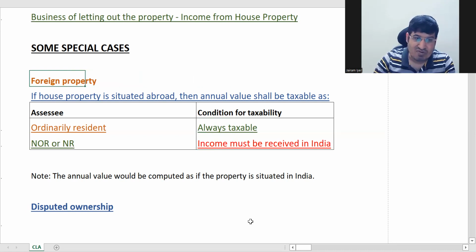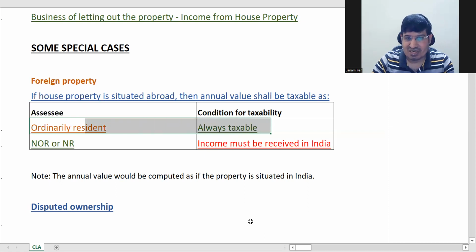This part is what we saw yesterday, your incidence of tax table, two days back. There we had seen this kind of condition in the incidence of tax, which was for other income. In that case, we saw that for NOR and NR, if income is not received in India, it was not taxable.